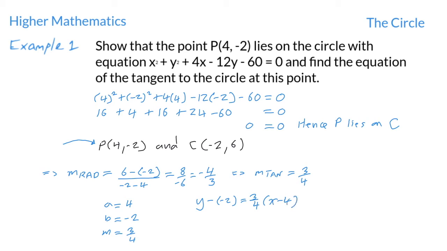So just being careful with negatives, also multiplying everything by 4, just to remove the fraction here. 4y plus 8 equals 3x, take away 12. So 4y will equal 3x, take away 20. And that would be the equation of the tangent that touches that circle at the point P.